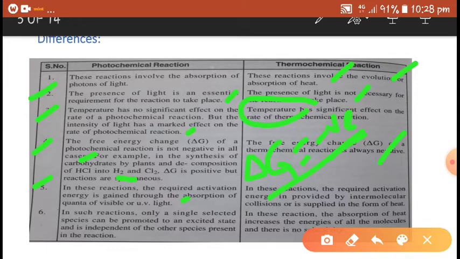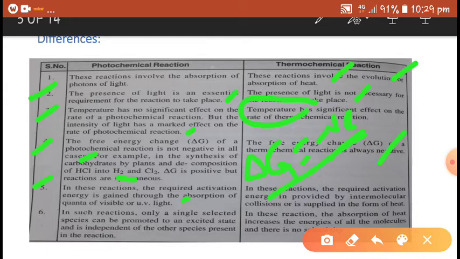Whereas in thermochemical reactions, the required activation energy is supplied in the form of heat, or it has to be supplied within by colliding the molecules.